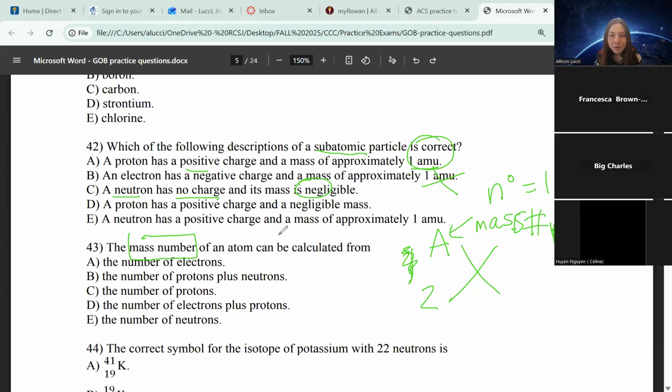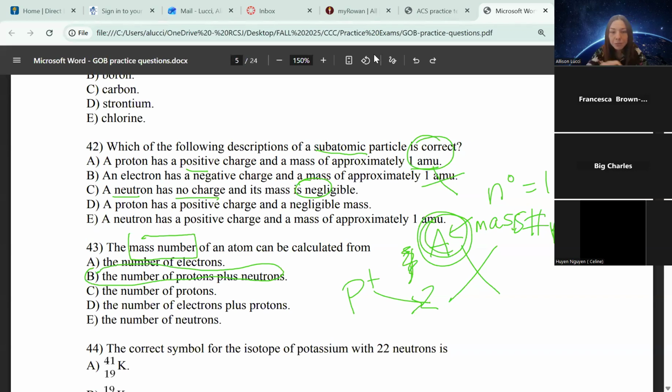The Z number down here is just protons. So if we were to look for the best answer for number 43, we have the number of protons plus neutrons, that's our mass number.